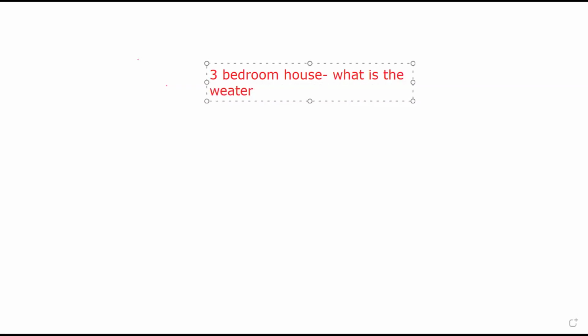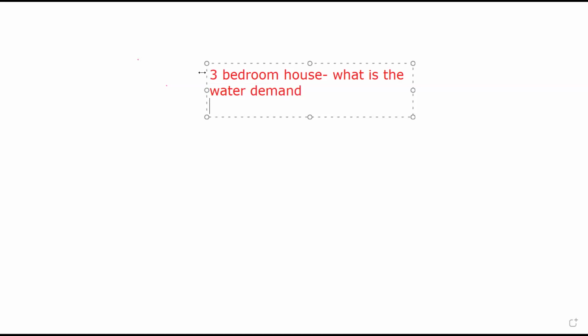So if I'm asked to design, what is the water demand of a three-bedroom house? How do I go about it?